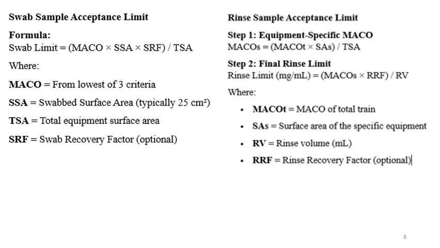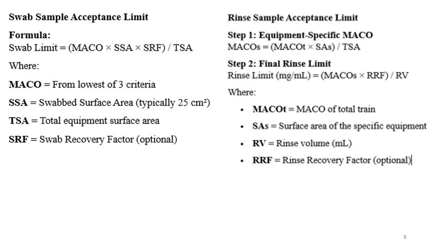Then rinse sample acceptance limit. Step 1, equipment specific MACO, and step 2, final rinse limit. So here the MACO is used for the equipment and also for the total train. Train means number of equipments which are being used in the manufacturing of that product.